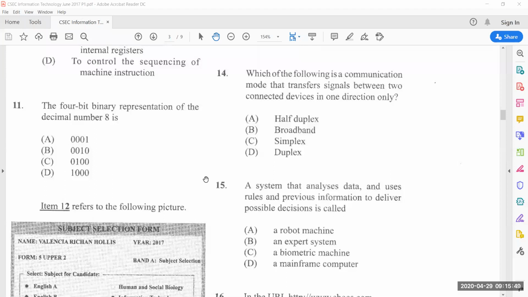Okay, let's see who we have here. Nicholas, what answer do you have for 14?